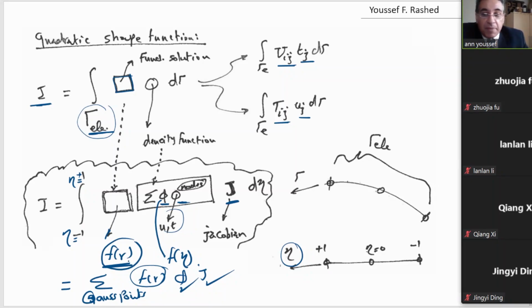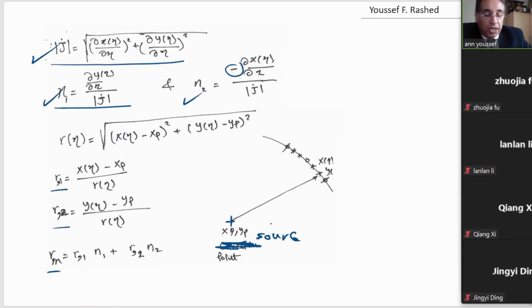The idea is very simple. Instead of computing the value of the fundamental solution in terms of eta, we can compute the x and y at eta. Here we have 4 Gauss points, for example. From these 4 Gauss points, we know eta at Gauss points is given. So from eta, I can compute x1 and x2 at eta.